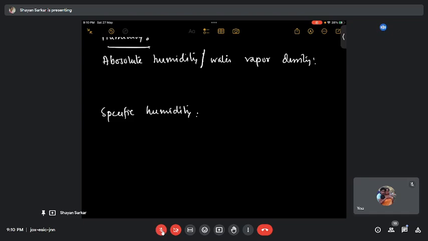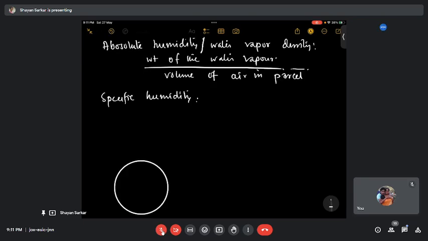It is the weight of the water vapor divided by the volume of air in a parcel. What is a parcel? Suppose a volume of air.